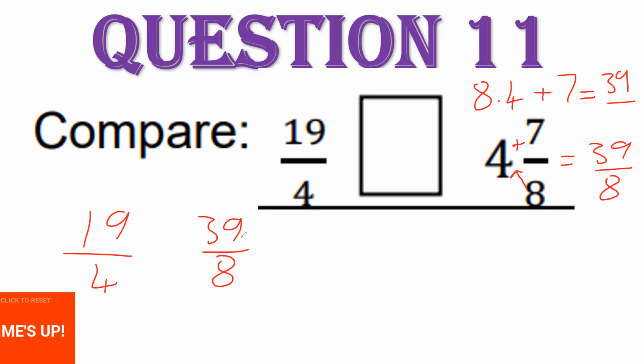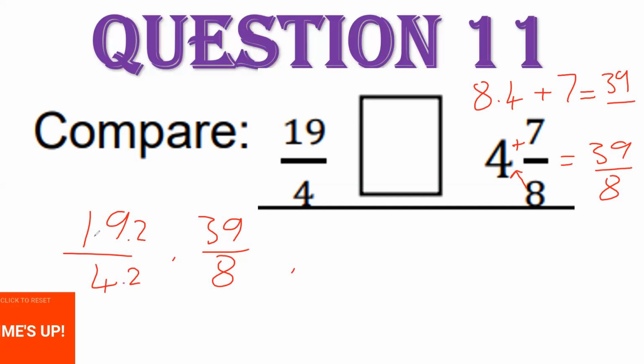If I say 39 is bigger than 19 and just do it like this, it is going to be wrong. Why? Because we don't have equal denominators here. We must make them equal first. How can I make them equal? Times by 2 each. After that, we'll compare them.